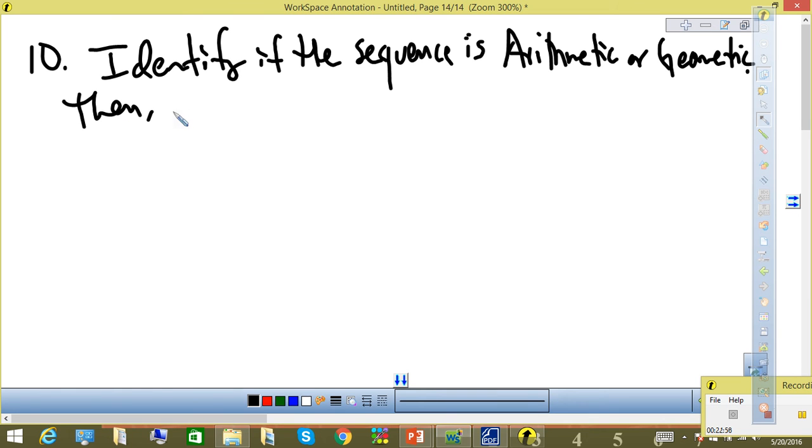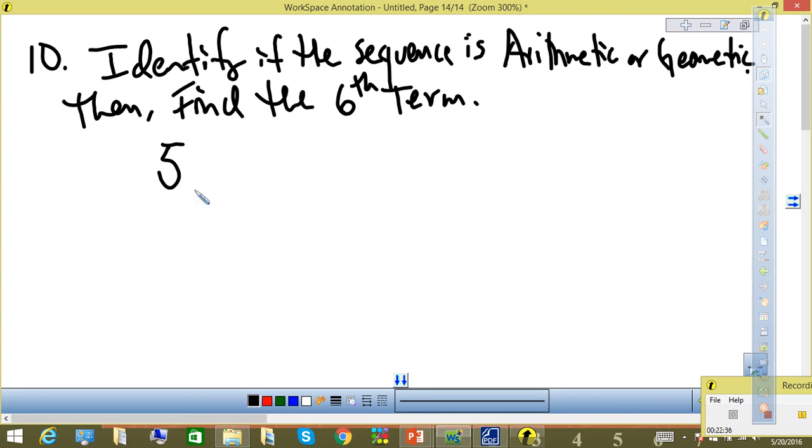Then find the sixth term. Here goes the sequence. 5, negative 10, 20, negative 40.